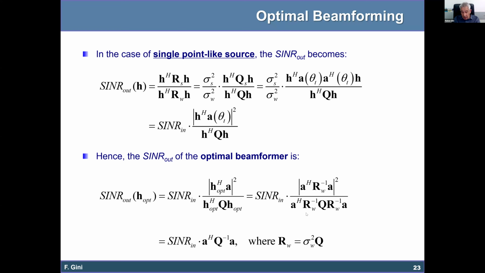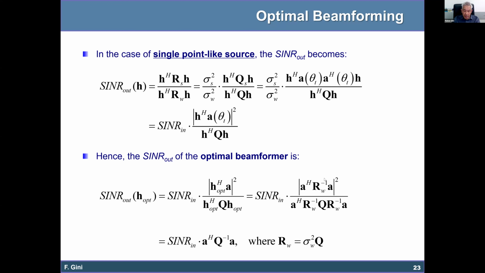But if you remember, RW is the total power of the noise that multiplies the normalized correlation matrix Q. So if you make this replacement here, you simplify, because here you have the modulo square.